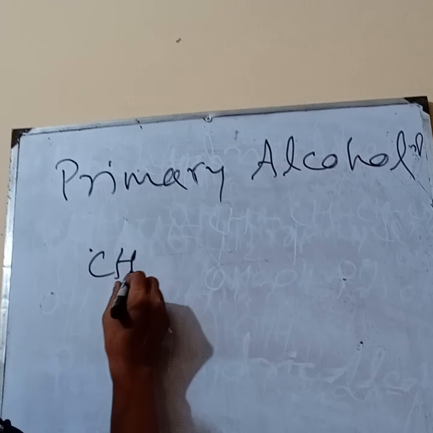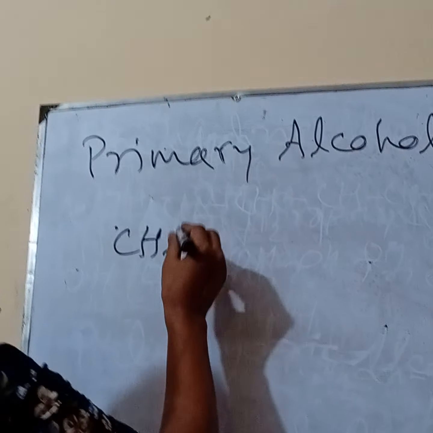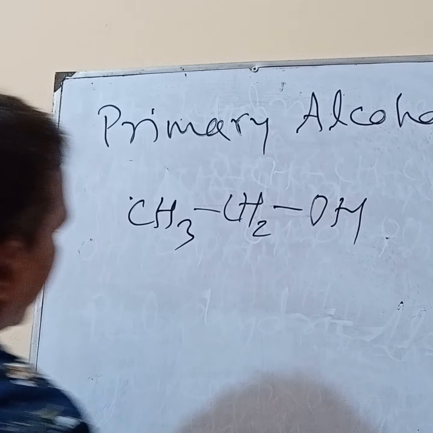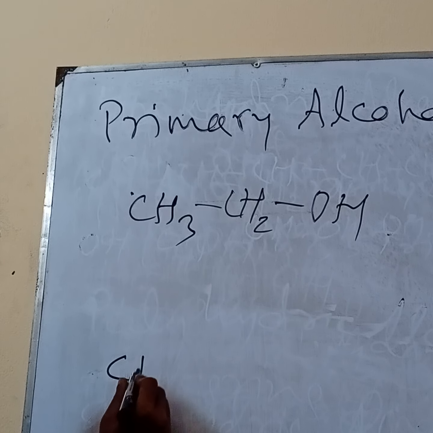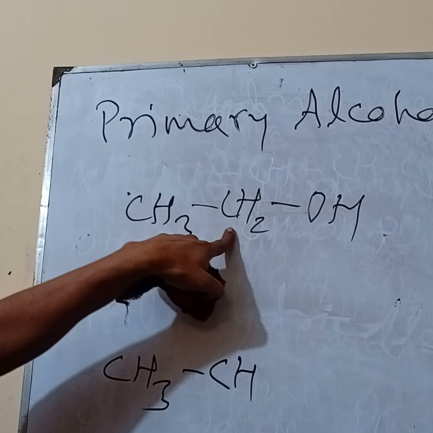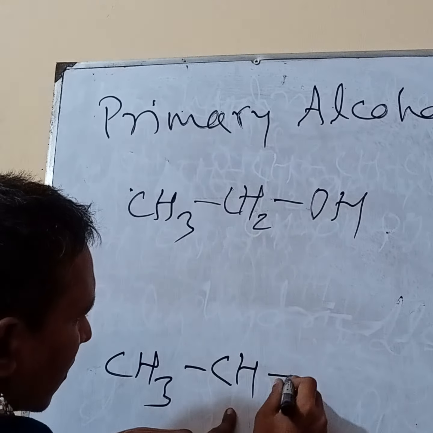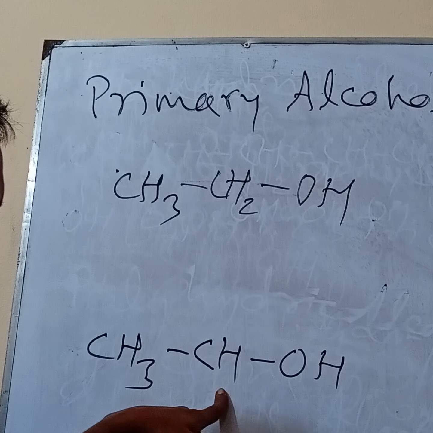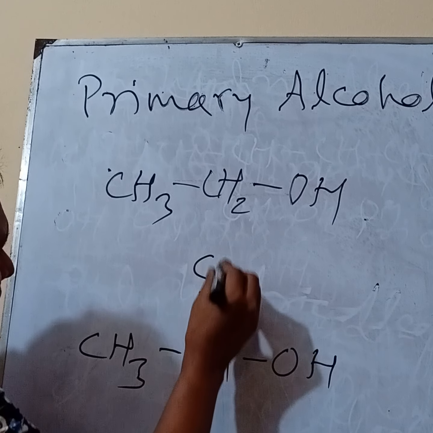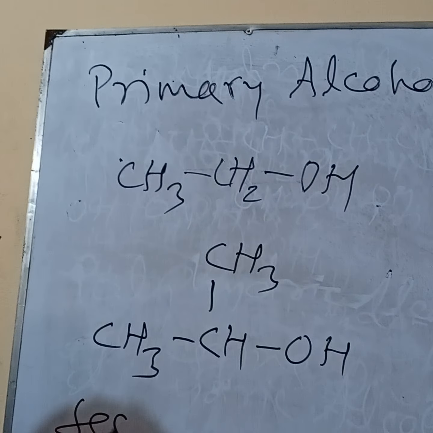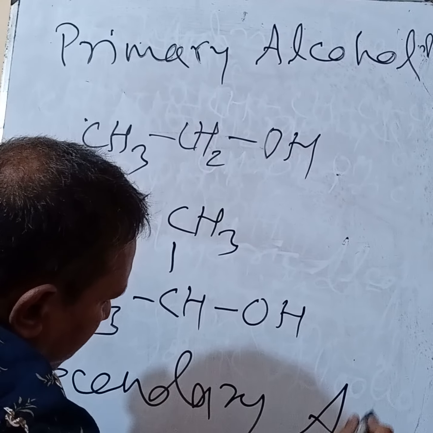Such as CH3CH2OH, CH2OH, primary alcohol. Then CH3, CH, OH. There is CH, the carbon bearing OH is bonded to 2 carbons, and there is a methyl radical. This is a secondary alcohol.